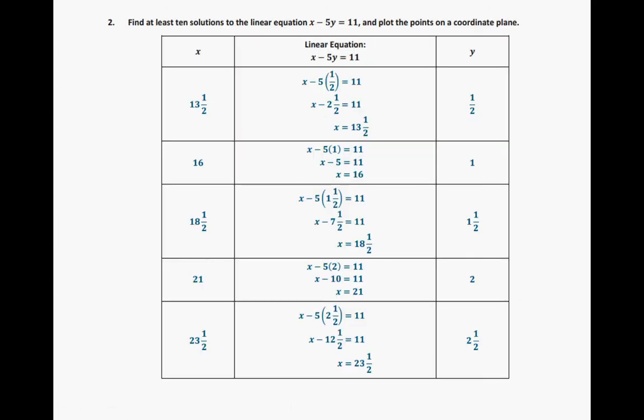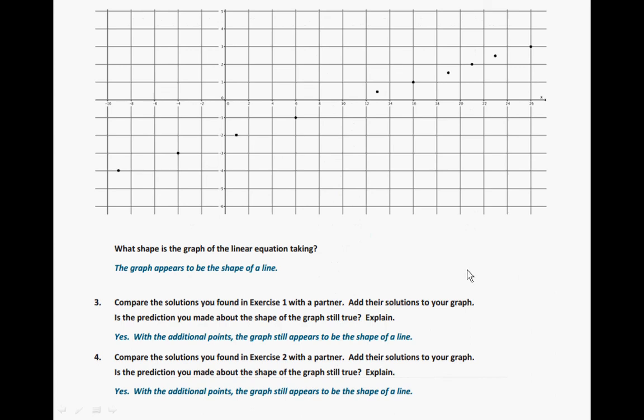All right, for number 2, again, some sample points to plot. And again, your graph of number 2 should look like a line moving from left to right in an upward fashion. So again, it appears to be in the shape of a line.